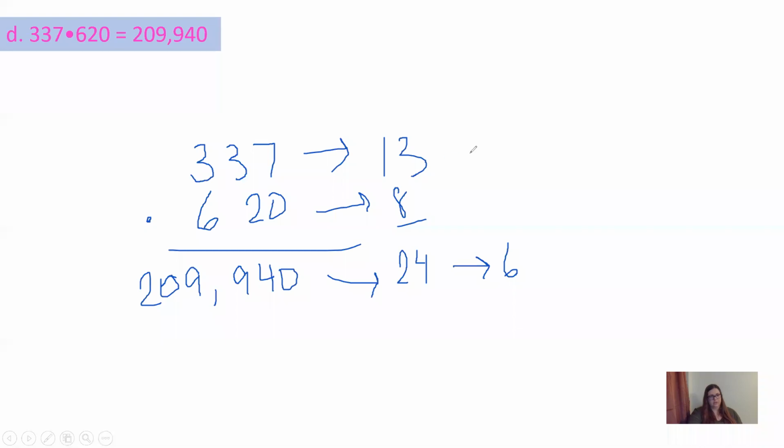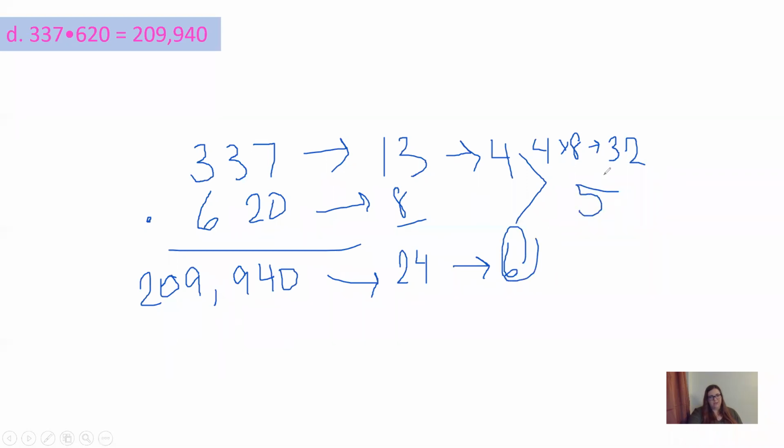This is your final one. And 1 plus 3 is 4. So instead of adding right here, like we have in the past with the adding, you're going to multiply. So we're going to do 4 times 8 is a total of 32. And then you're going to add 3 plus 2 to get 5.